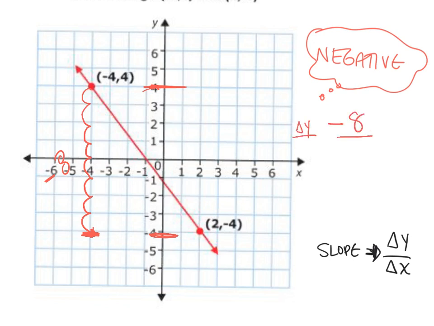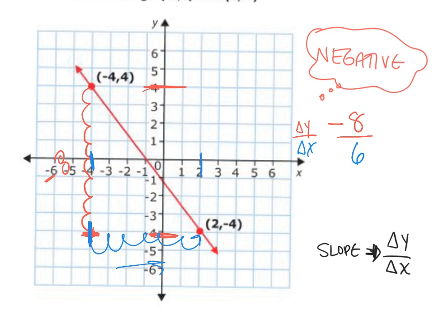But slope is always a fraction. The change of x, you're going to go from negative 4 to 2. So you're going to go over 1, 2, 3, 4, 5, 6. So the change of y is negative 8. The change of x is 6. It's now a fraction, negative 8/6.